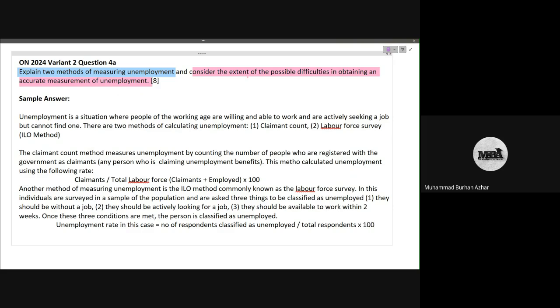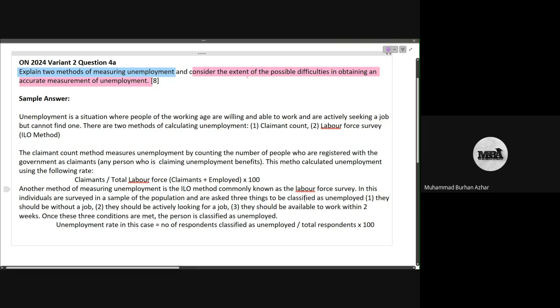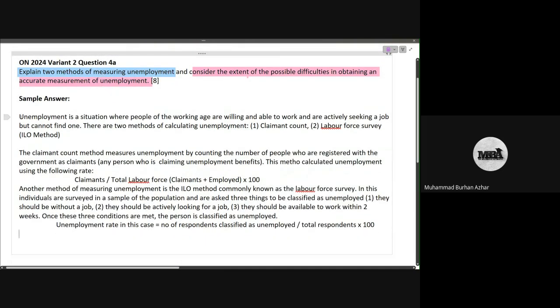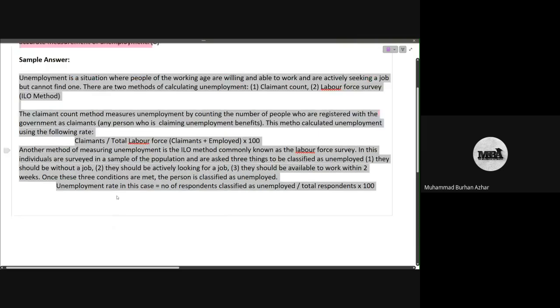So out of the sample that you take, the total number of respondents that you classified as unemployed, you divide that by the total number of respondents and you multiply that by 100. So we have now answered the first statement of the question, which is to explain the two methods of measuring unemployment, and this in total would constitute 3 marks.